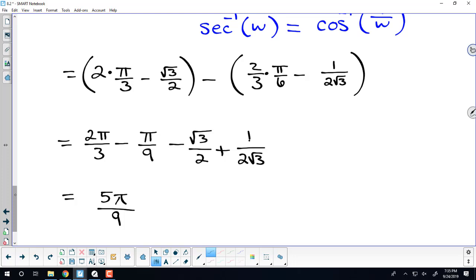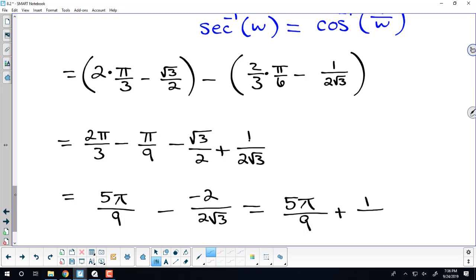So we've got 3, okay, minus 3 plus 1 is minus 2 over 2 root 3. And we have our exact answer, plus 1 over root 3.